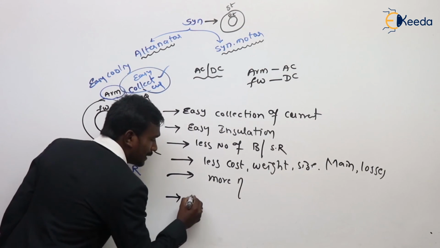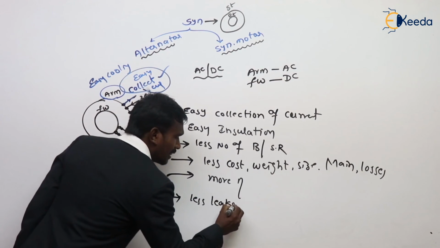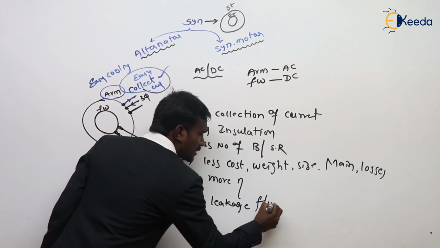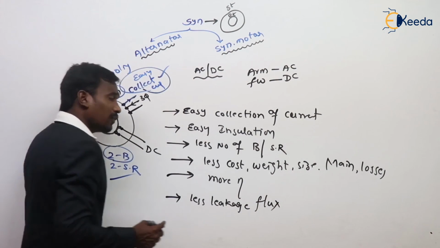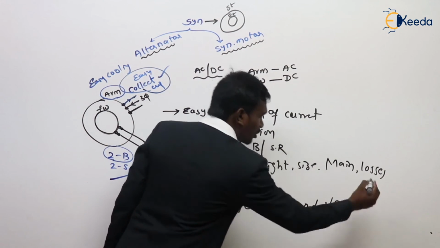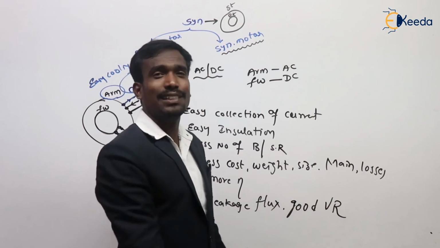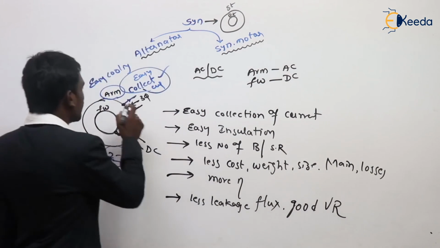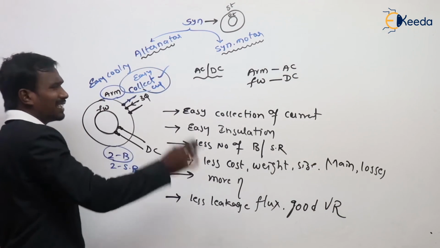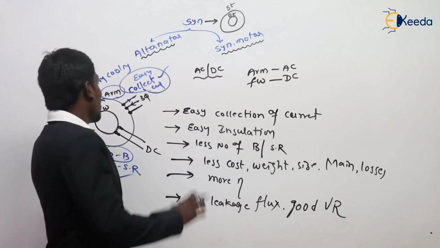Apart from these, very important, less leakage flux. If leakage flux is less, there is good voltage regulation. Because the armature winding is placed on the stator, there is no problem with leakage flux.